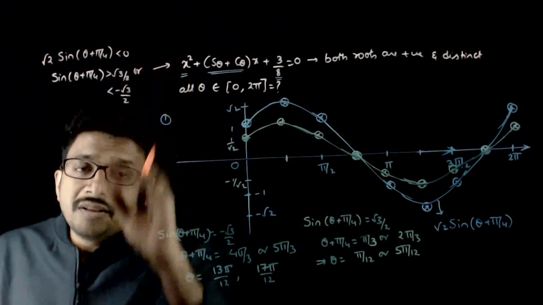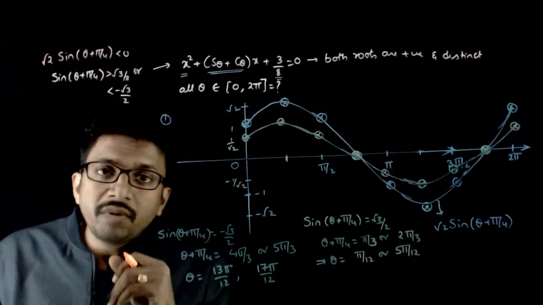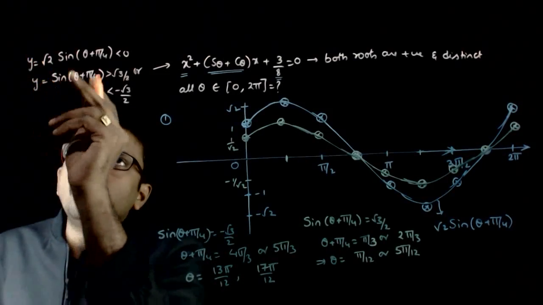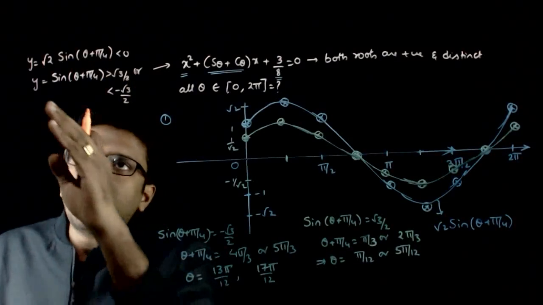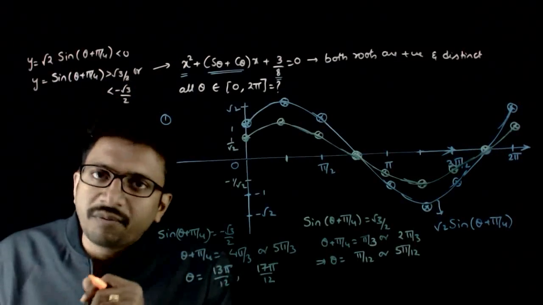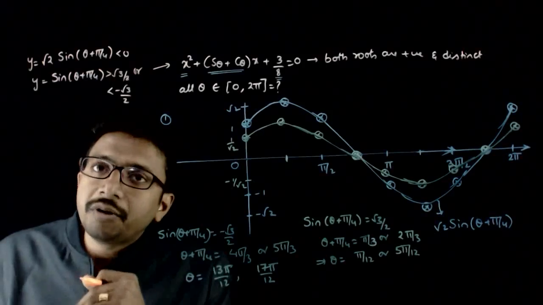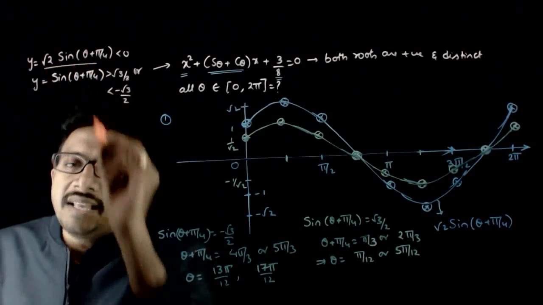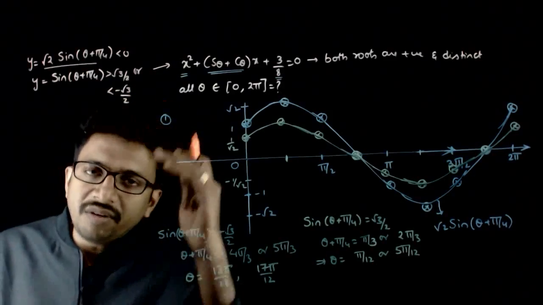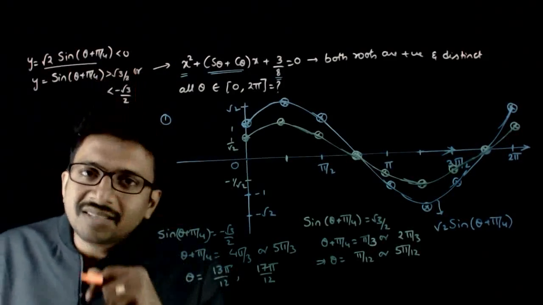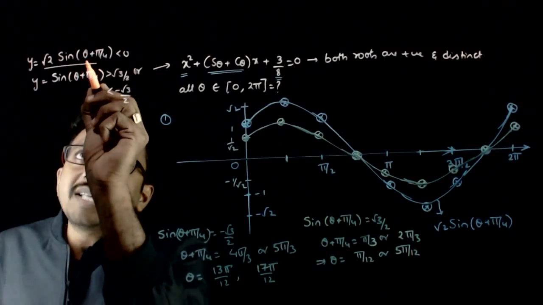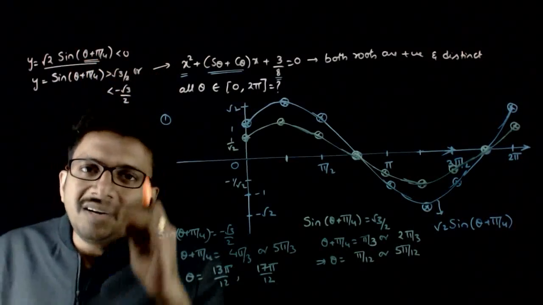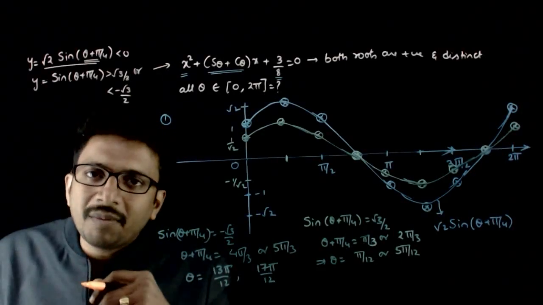So let us draw the graphs of y is equal to root 2 sin (theta plus pi by 4) and y is equal to sin (theta plus pi by 4). How do we draw these graphs? These are graphs related to sin theta, so they will be wavy curves that look like sine. And sin (theta plus pi by 4) is nothing but the graph of sin theta shifted back by pi by 4 units.